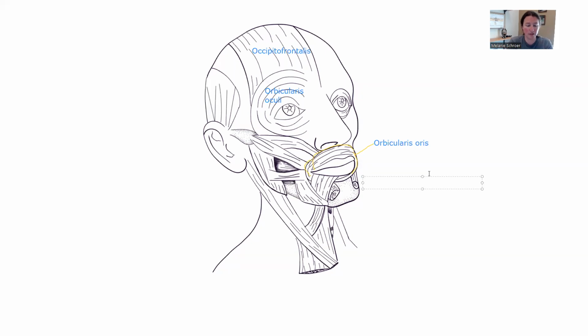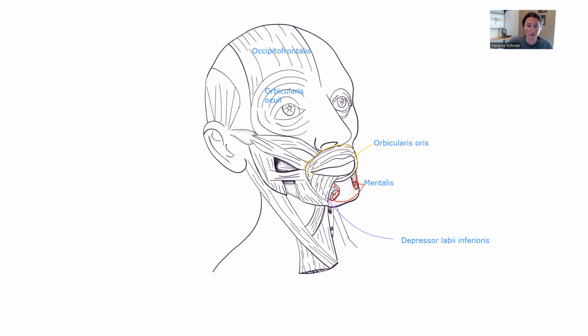A pair of muscles in the chin: mentalis. These little guys here are always shown cut off because they insert into the skin of the chin. So that is the mentalis muscles. The muscle that is pulling down on the lower lip is depressor labii inferioris, as opposed to this one, which is coming up at kind of an angle.